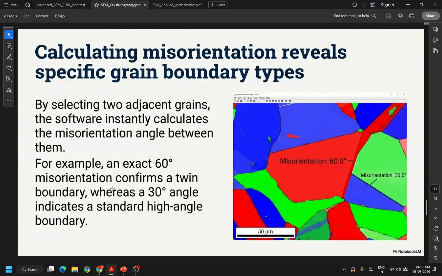And if you see two adjacent grains, you can calculate the misorientation angle between them. A 60-degree misorientation means a twin boundary, while a 30-degree misorientation means a standard very high angle boundary.